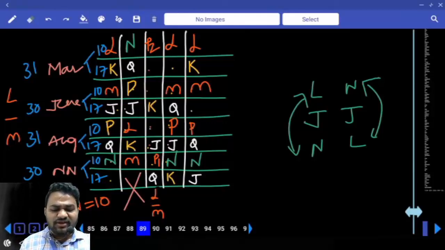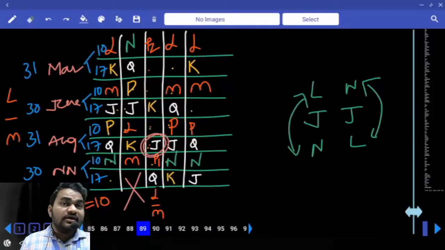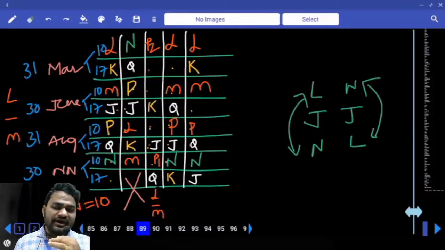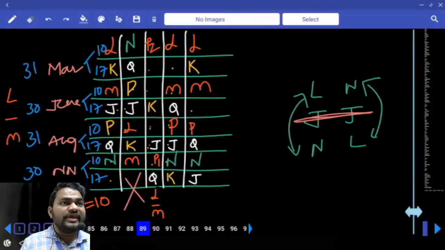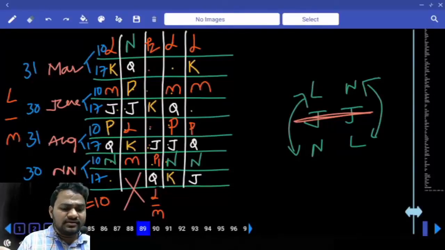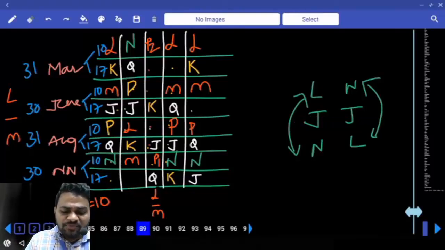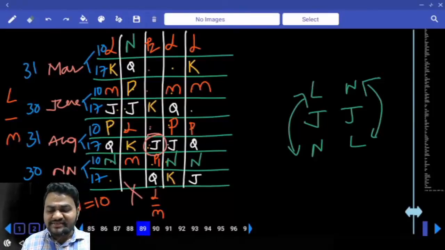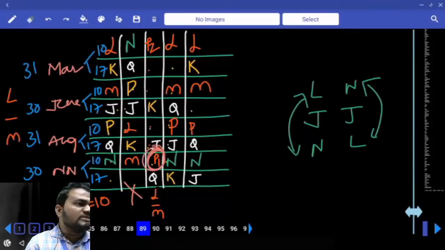Next, J is between L and N as per the data. So, if J is here, try to understand one point here. Wherever J is, on one side N should be, other side L should be. J is between N and L, so J should have N on one side and L on the other side. Right? So then in this possibility, to place L on one side and N on the other side of J, one immediate place is empty here.